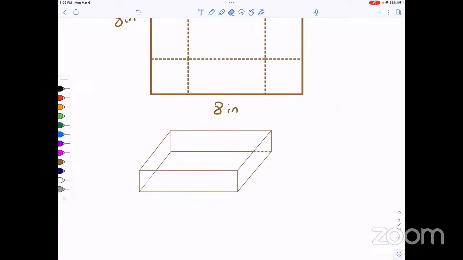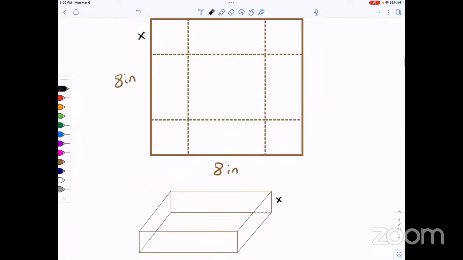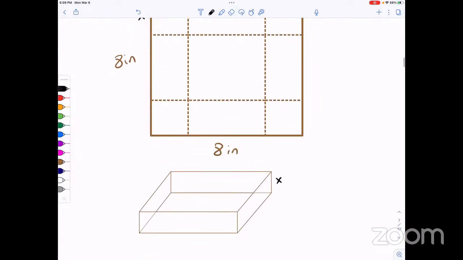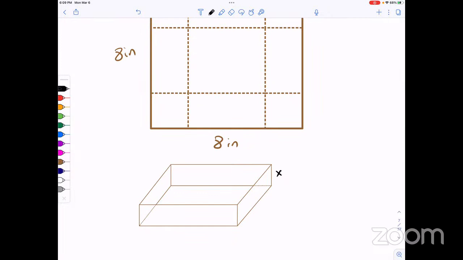So now if we label the different components, this is going to be the x that we had in the above picture, right, where we cut it out. That's going to create our new height. This side here, right? So that side corresponds to this guy right here, which is going to be 8 minus 2x, okay? So this guy here is going to be 8 minus 2x.